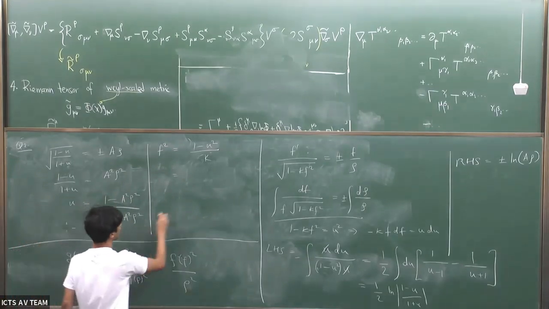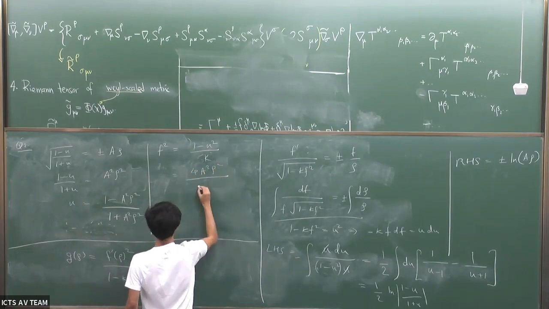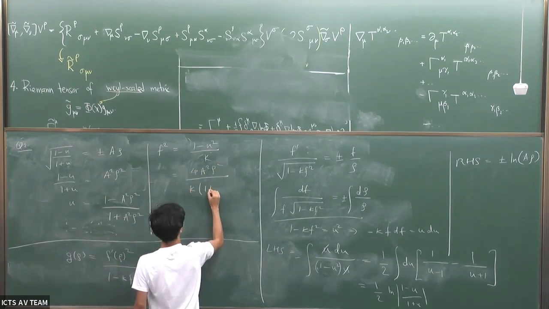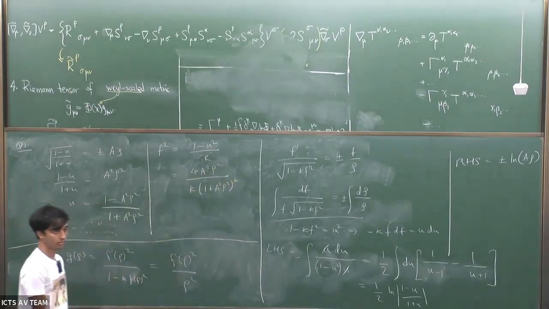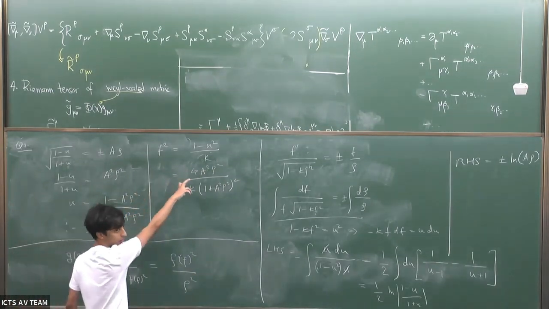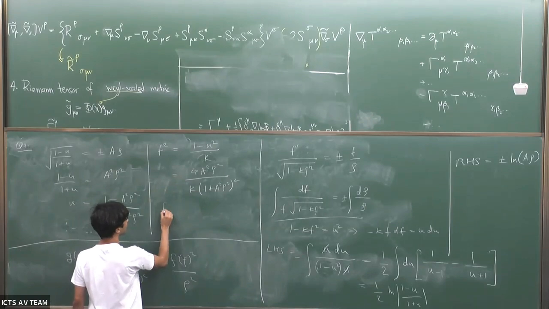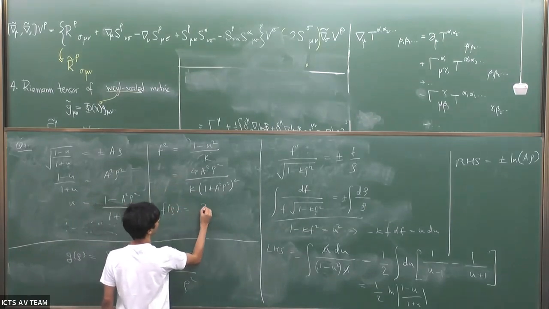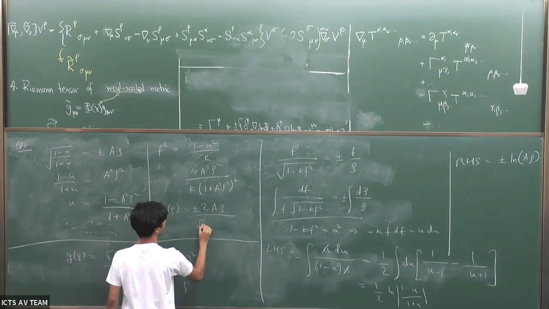So essentially, you'll get 4a²ρ² over k. This is fine. I just substituted u from here. And then you just take the square root.